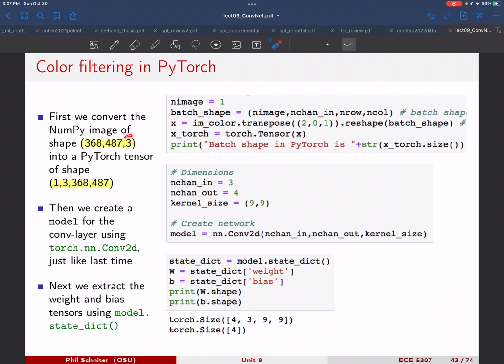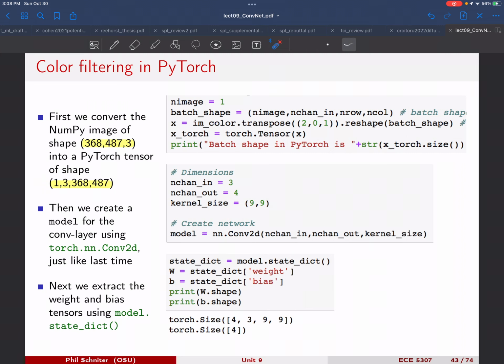As a result of this transpose operation, you're going to get a tensor of this size, 3 by 368 by 487. And then there's one last step, which is to add this additional ghost dimension, and you do that by reshaping it to the batch shape. All that does is add that extra 1.